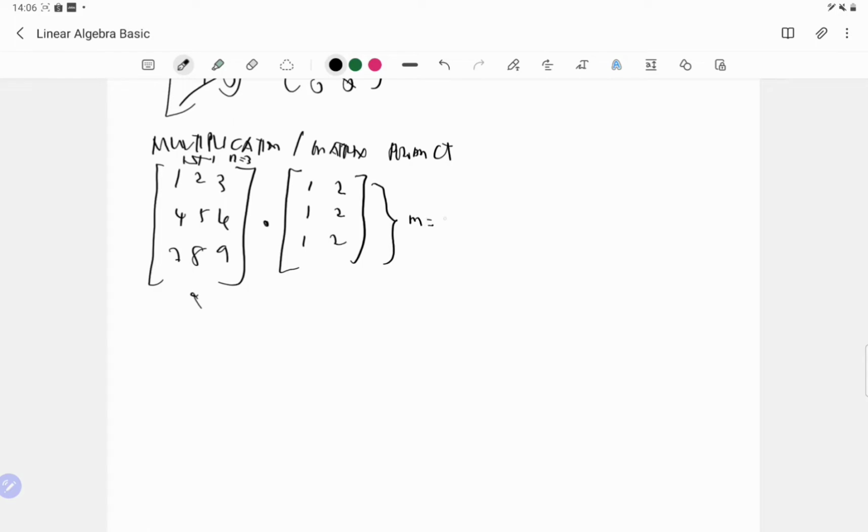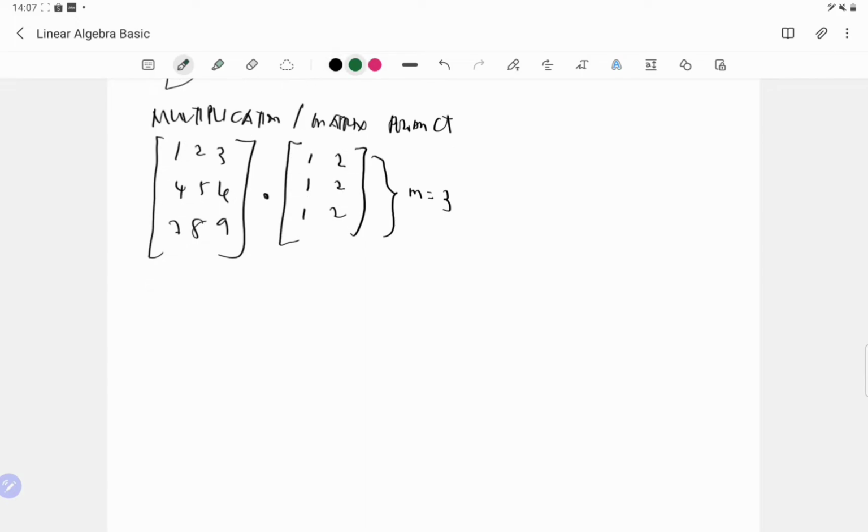As you can see, this is column 1, column 2, column 3, row 1, row 2, row 3. The size of the first is 3 by 3, and the size of the second matrix is 3 by 2, and the output of the multiplication takes the outside numbers. So the output will be 3 by 2 in size.